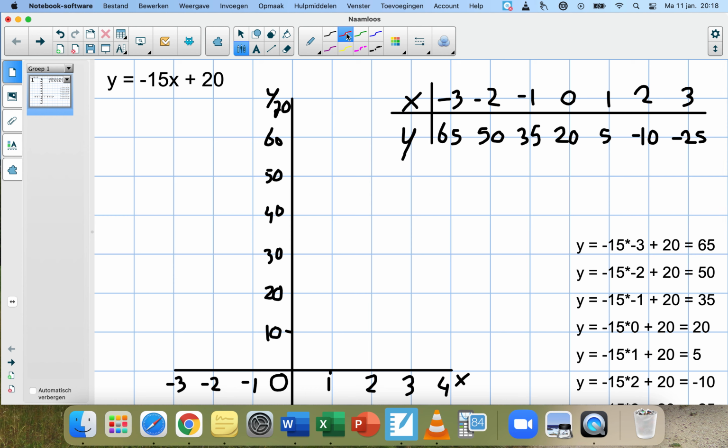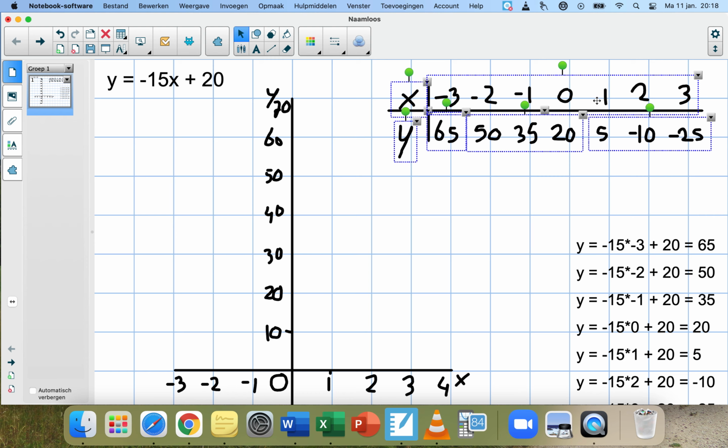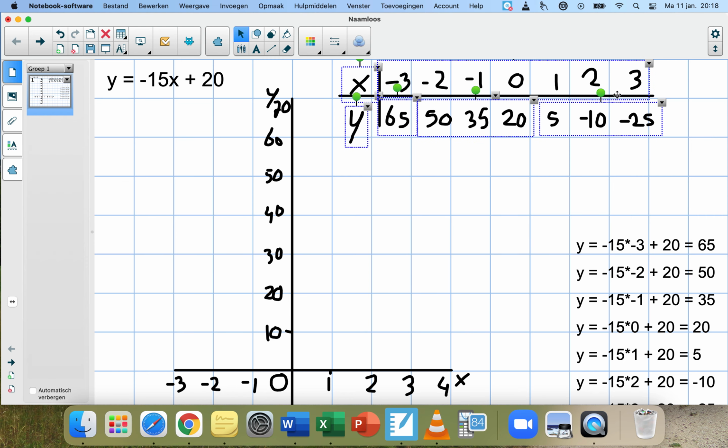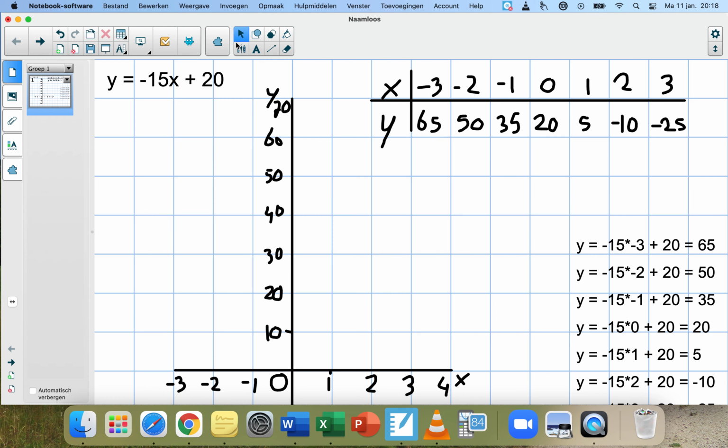Now we can fill in the points. So let's move this one slightly better. So they're in the squares again. So my x value is -3, then my y value is 65.